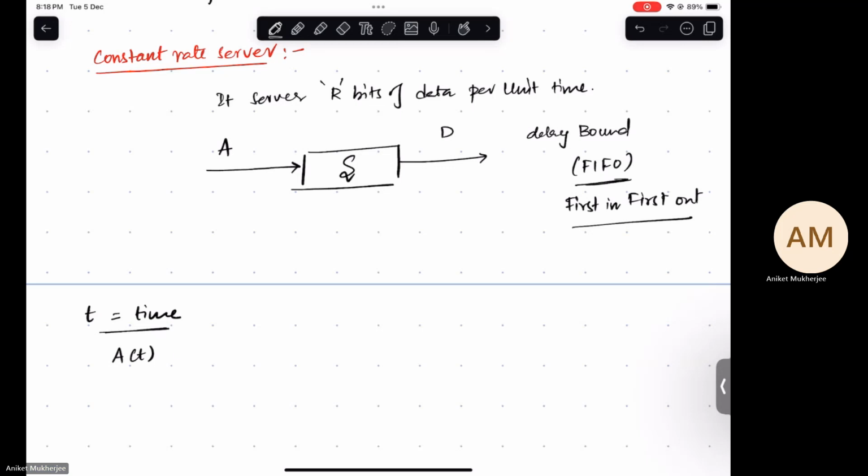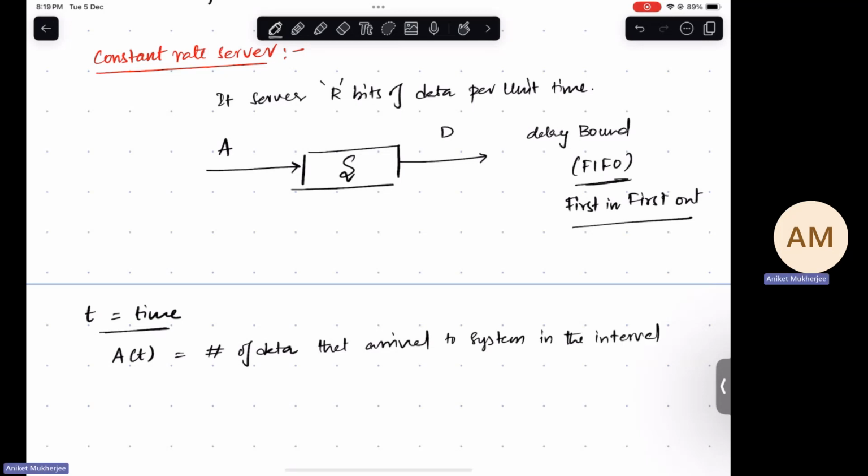A(t) is the total amount of data that arrives to the system in the interval [0, t).